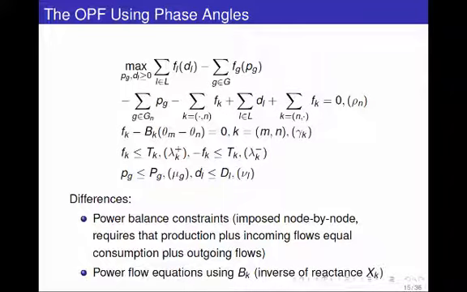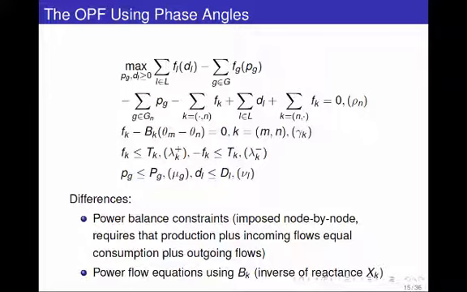So basically demand plus power flowing out of the bus has to equal production at that bus plus flow of power into the bus. This is another way of describing the energy balance constraint. So in the earlier model we had sum of injections is 0, a single equation. Here we have a bunch of equality constraints.